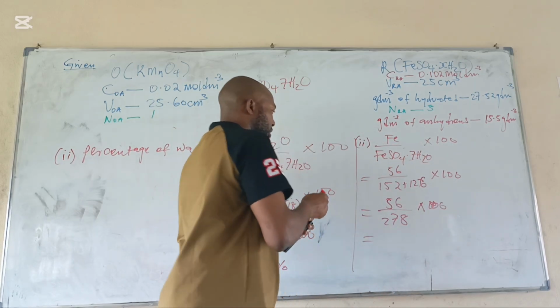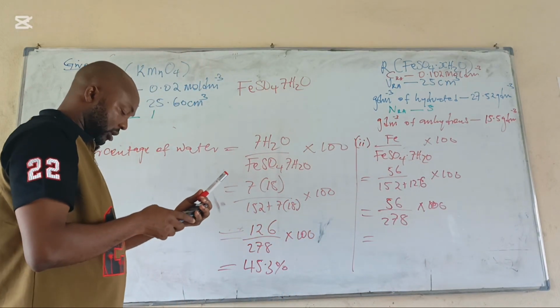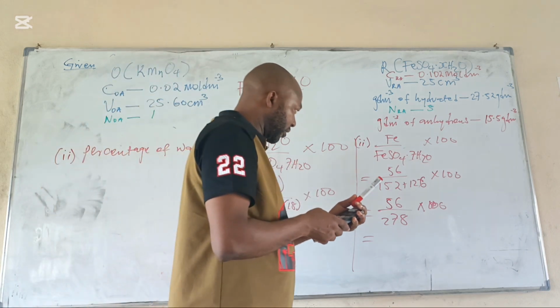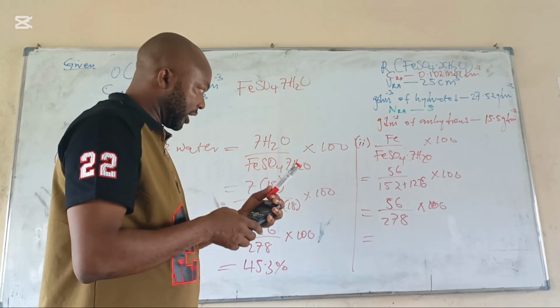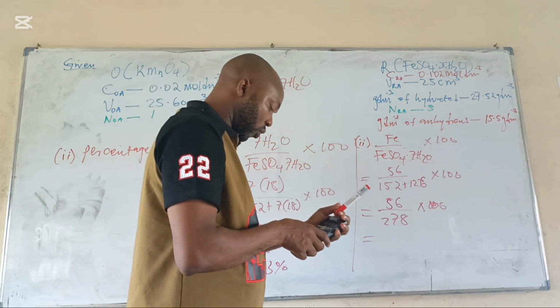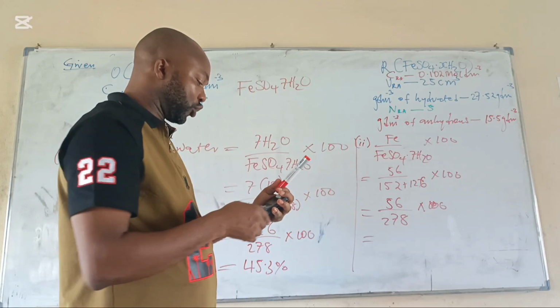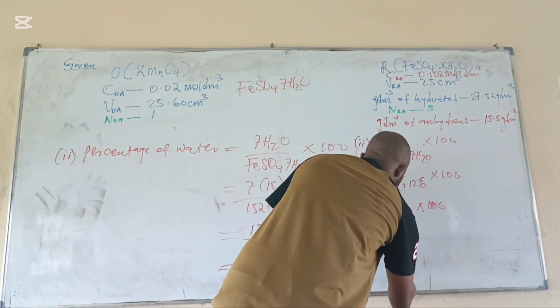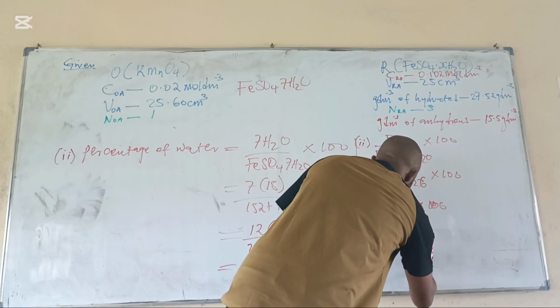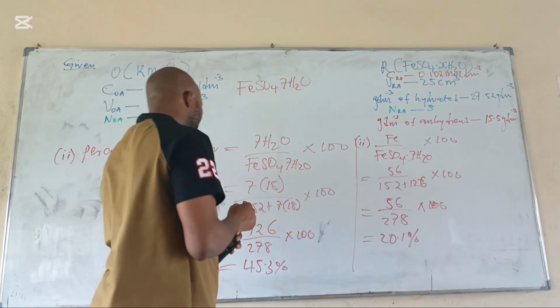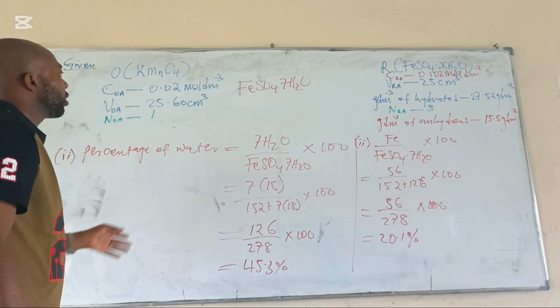And that finally becomes 56 over 278 times 100, and that is 20.1%.